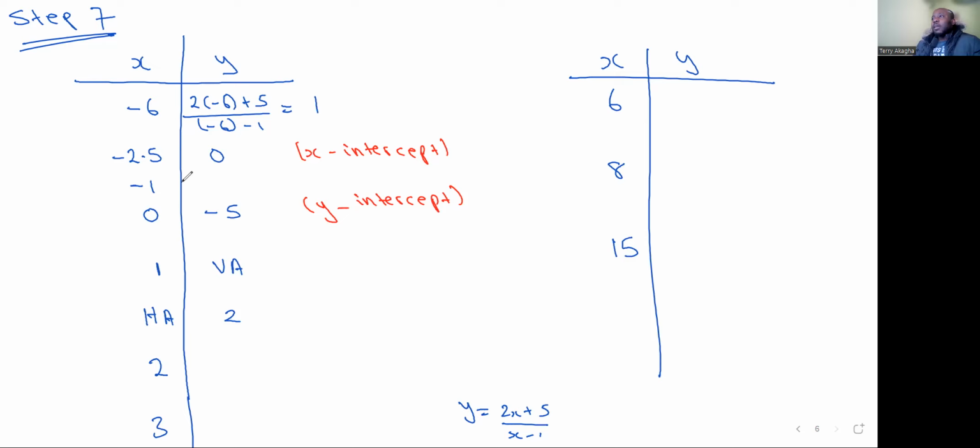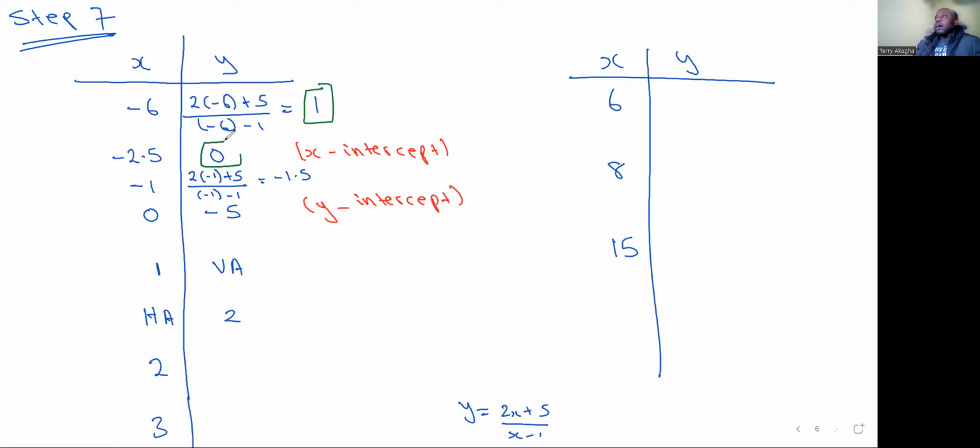Same thing. We put minus 1 into the equation here. So it's going to give us 2 into bracket minus 1 plus 5 divided by minus 1 minus 1. And that will give you minus 1.5. So we already have the first value here. So now to differentiate it, to make it easier, the y value we have here is 1.